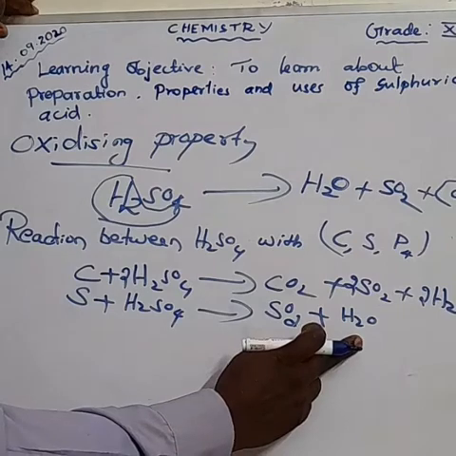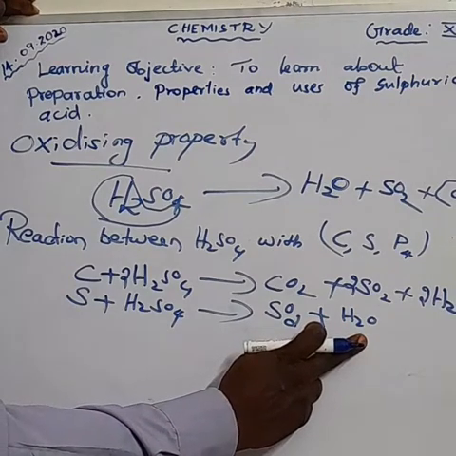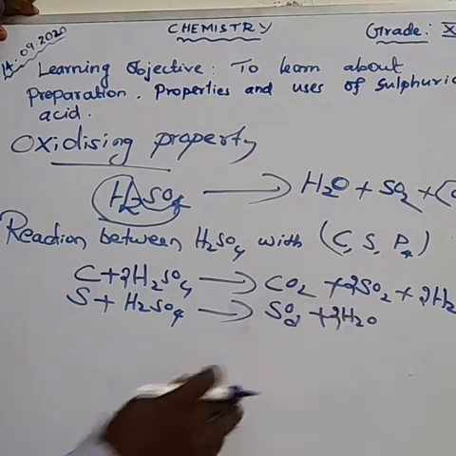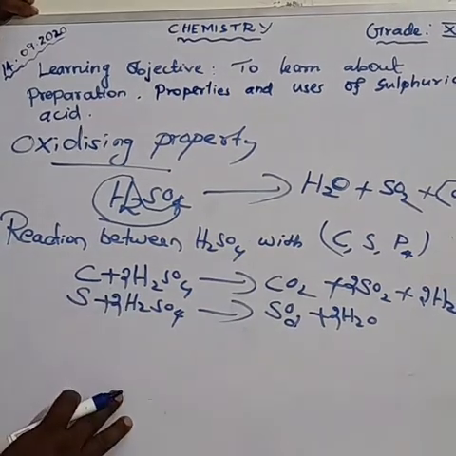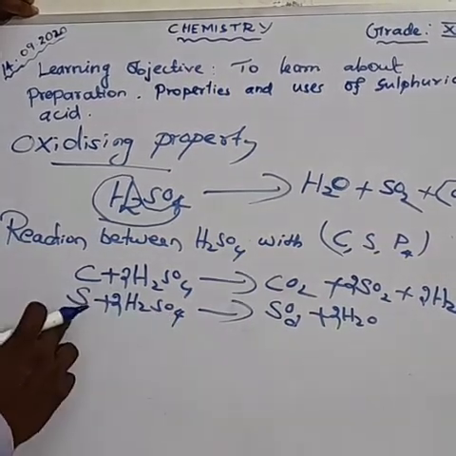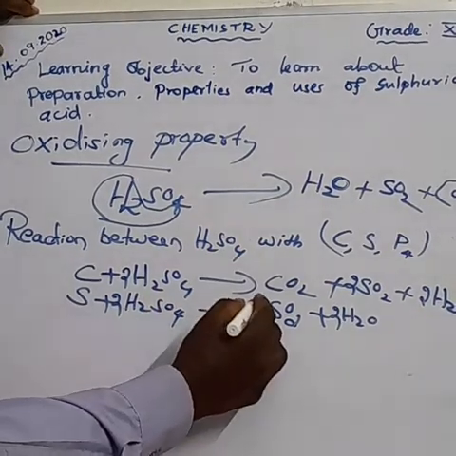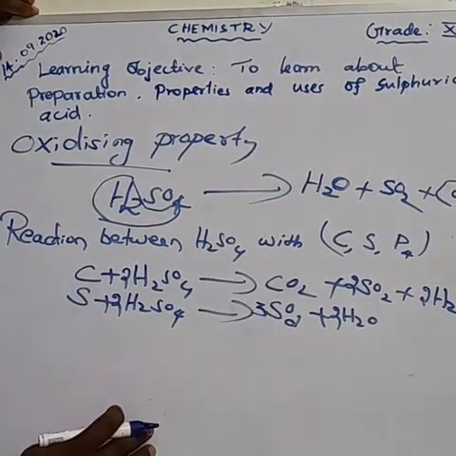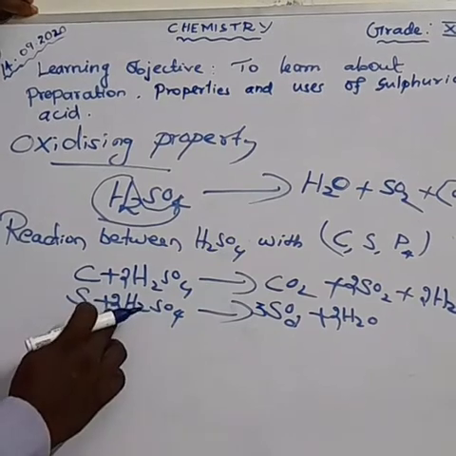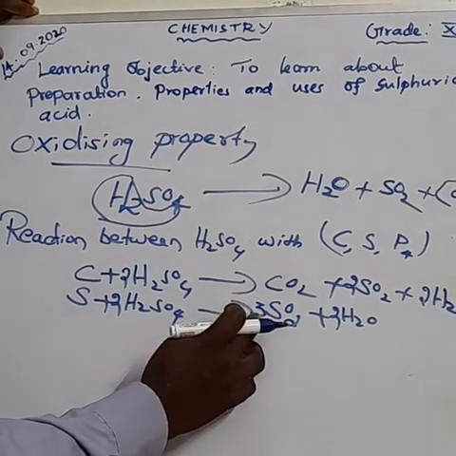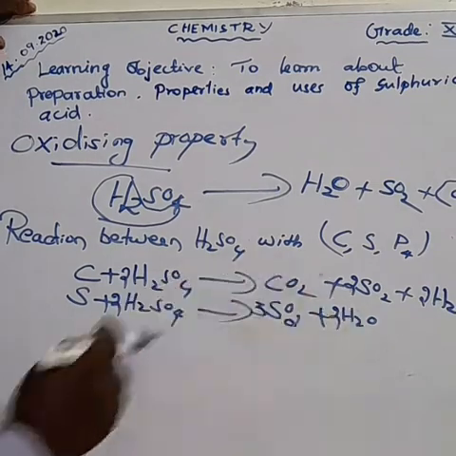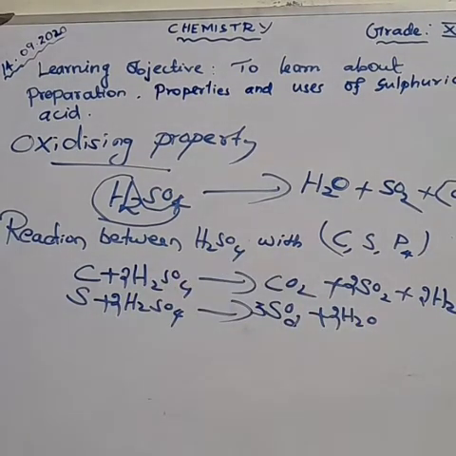Here also the oxygen in water is single, so make it 2 here. Now what about sulfur? 2 plus 1 is 3. Am I right? So 3 SO2. Now how is oxygen? 2 twos are 4, 2 fours are 8. Am I right? Here 3 twos are 6, 6 plus 2. Oxygen is also balanced.